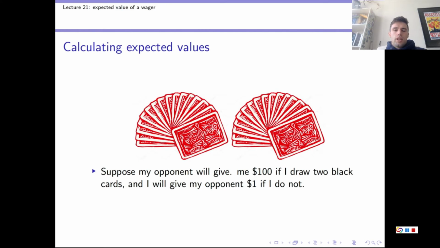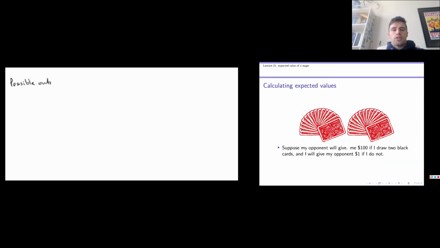My opponent will give me $100 if I get 2 black cards, and I will give them $1 if I don't. To calculate the expected value, we go through exactly the same rigmarole, so let's set up the possible outcomes first in a table. The outcomes are the same: red, red; red, black; black, red; and black, black.